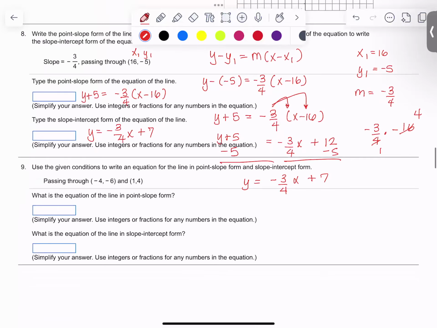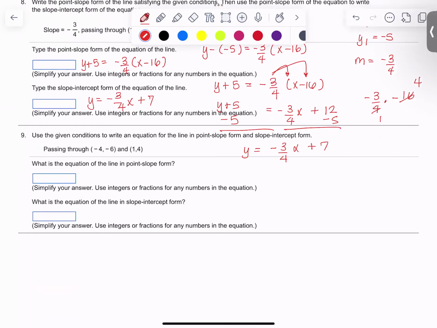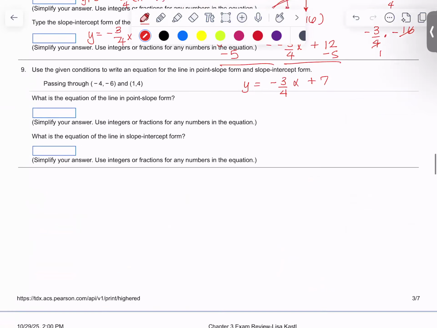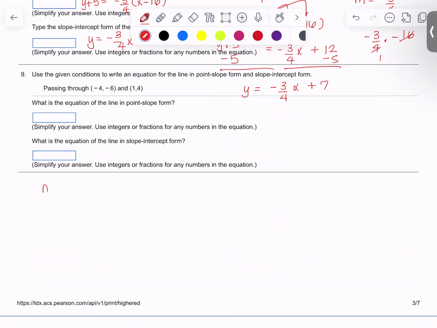All right, now the next problem, they don't give you the slope. You're going to have to find that first. So I'm going to do this down here. So the slope again is the change in the y's over the change in the x's. So I'm just going to make this x1, y1, x2, y2. So we have 4 minus, and I can't read that, -6.